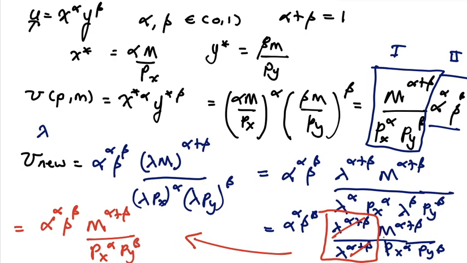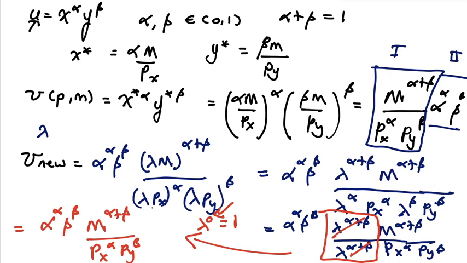What happens to lambda here? When it becomes 1, because we cancel it, that means lambda is to the power of 0, isn't it? So when we say that lambda is to the power of 0, you look at the power here, this power is 0, which shows us that the indirect utility function is homogeneous of degree 0.